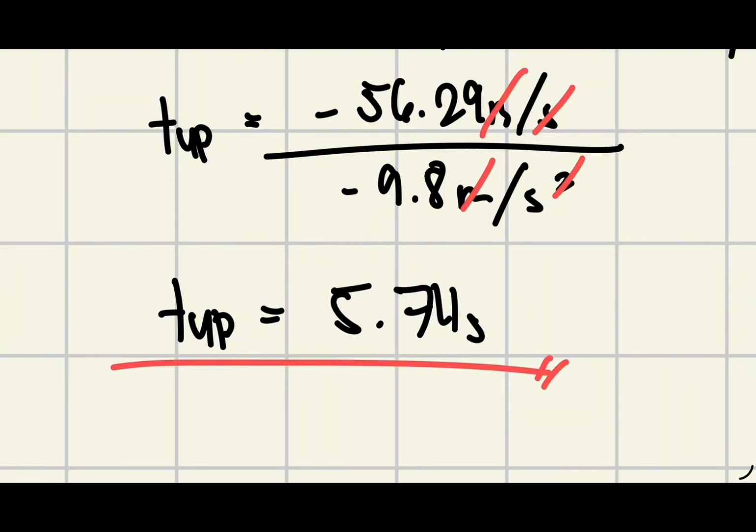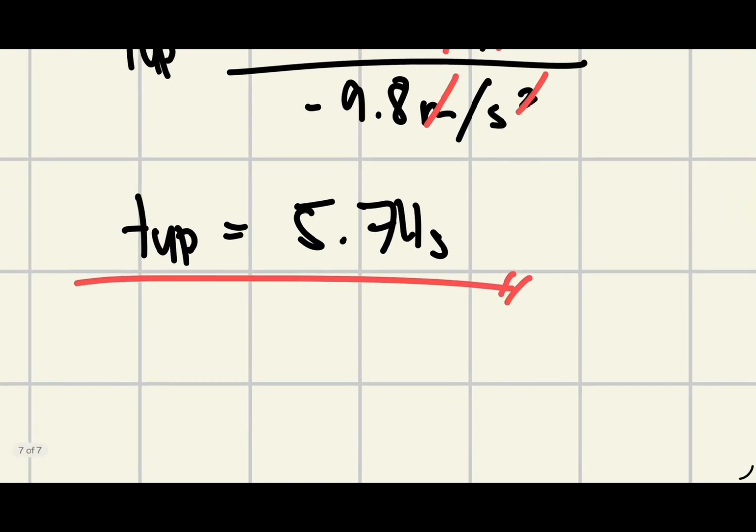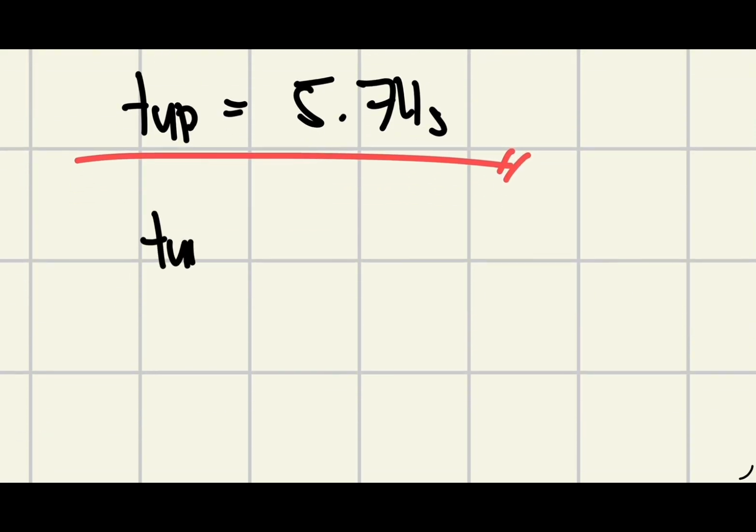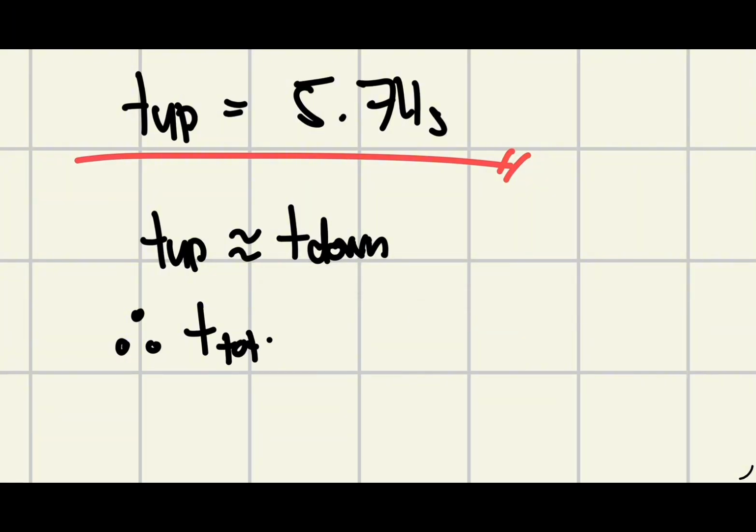Since our example is the case number 1, which is going up and then down of our projectile, we can say that the time going up is also equal to time going down, since our projectile is horizontally elevated, or there is no elevation as it is on ground level. So we can see that times going up is just equivalent to times going down. Therefore, we can also say that the total time is just equal to time of up times 2.